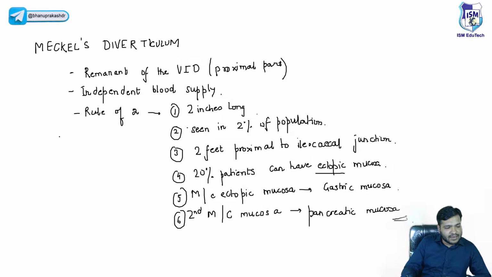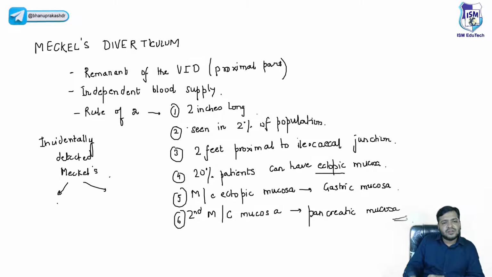So you can see that with an incidentally detected Meckel's, it can present in two ways, guys. If it has a wide mouth, meaning a broad base, you have to do nothing.